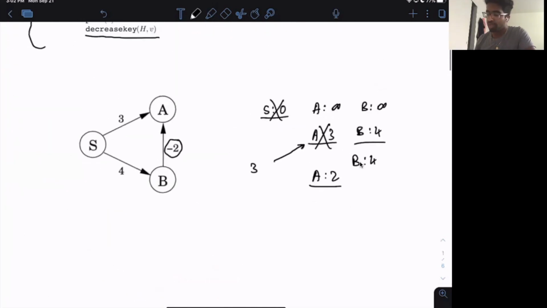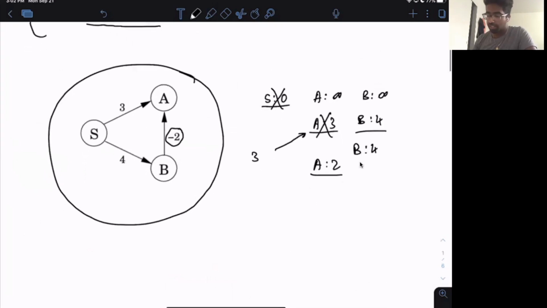What I mean by that is, in this graph, if we had explored the S to A path, as well as the S to B to A path, those are all of the possible paths from S to A, right? There's no other possible paths. So if we had explored all of the possible paths before finalizing that the shortest distance to A was 3, then we would have been good, right?